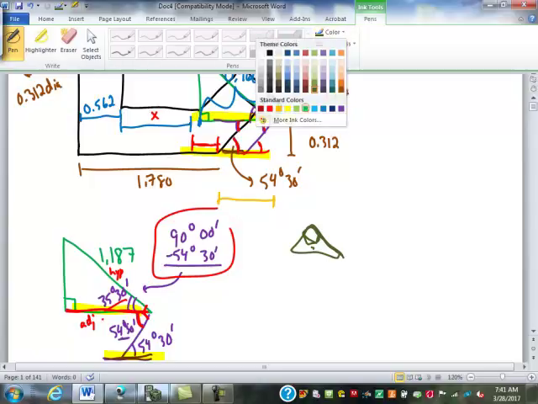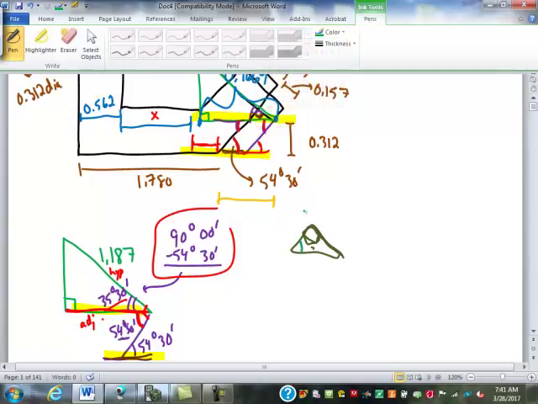This angle here is the 54 30. And we know this side right here. Because that side, which would be this dimension right here, is the 0.157 up here. So what I basically did is I just made that into a rectangle.